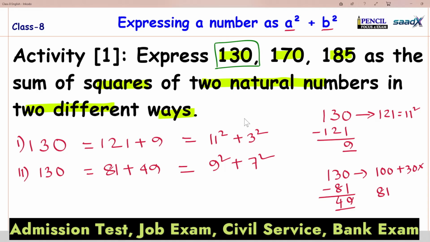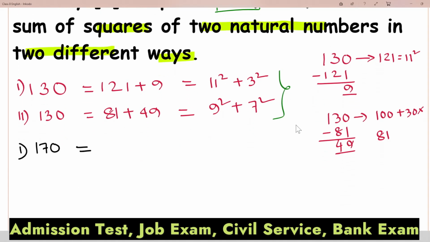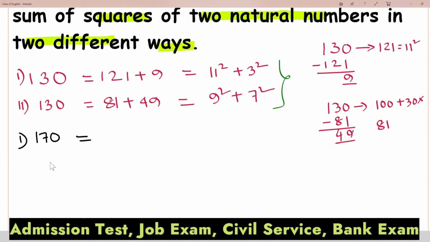We are trying to express in two different ways. Now 170. We have to find the nearest or closest perfect square of 170. The nearest perfect square is 169, because this is 13 square.